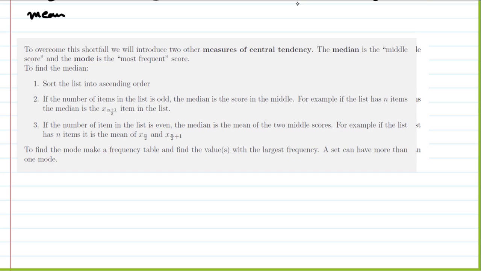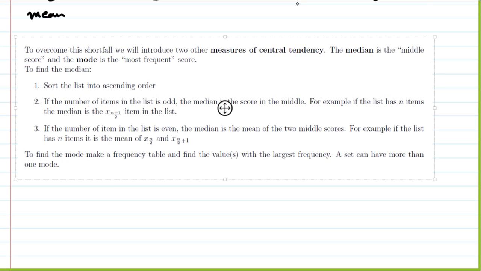So to overcome this shortfall, we will introduce two other measures of central tendency. The median, which is the middle score, and the mode, which is the most frequent score.